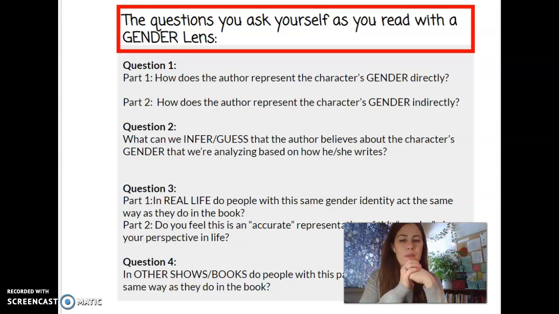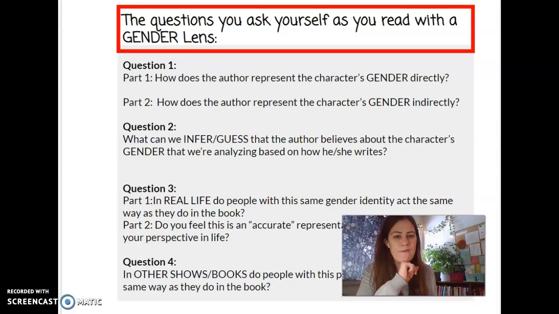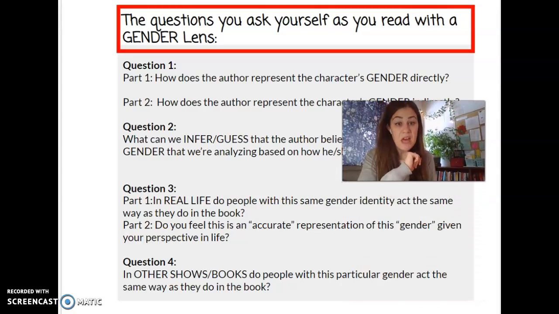And question 3 is kind of the follow-up. Do you feel as if that is a fair representation of how you see that in real life? Do you feel that's an accurate representation given your specific perspective? In other shows or books, do people with this particular gender act the same way as they do in this book, kind of a text-to-text relationship?